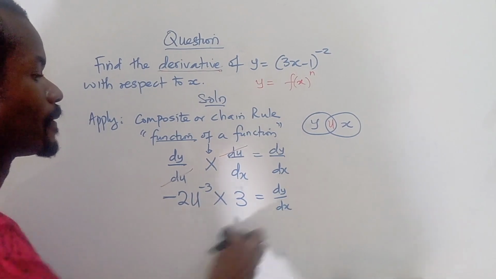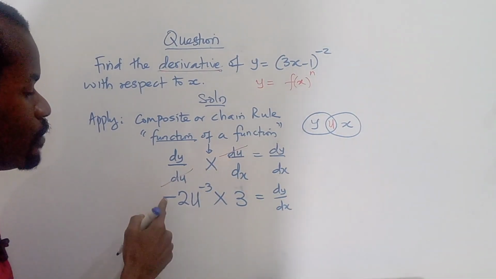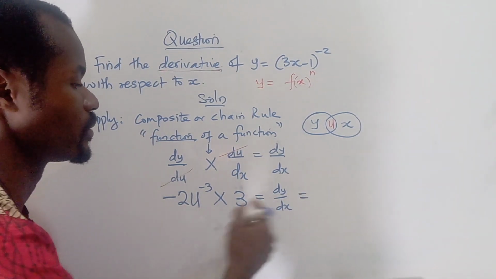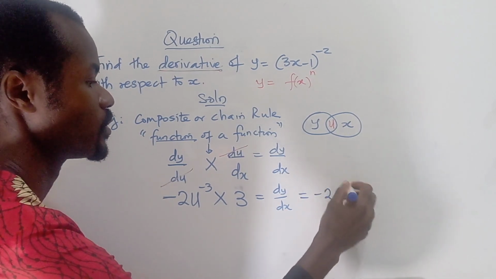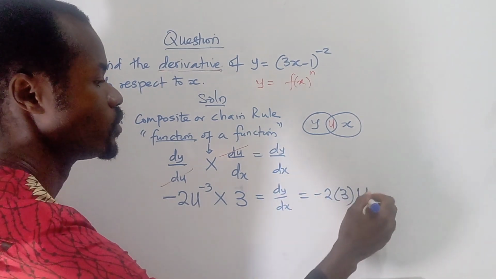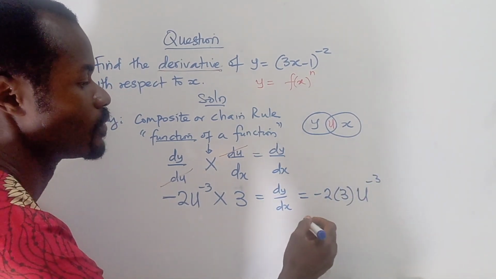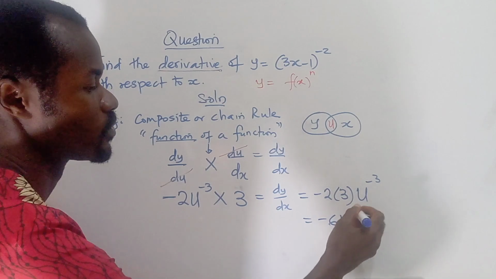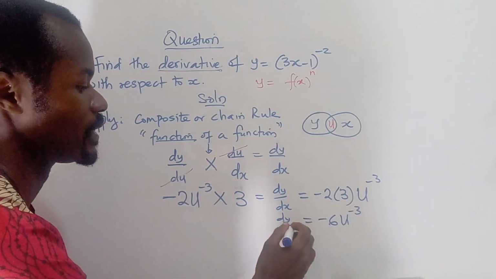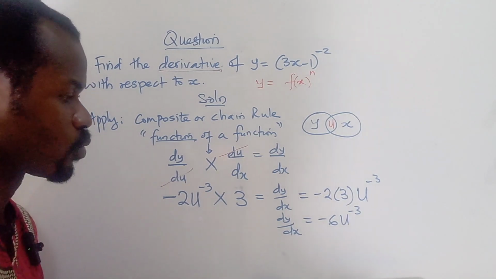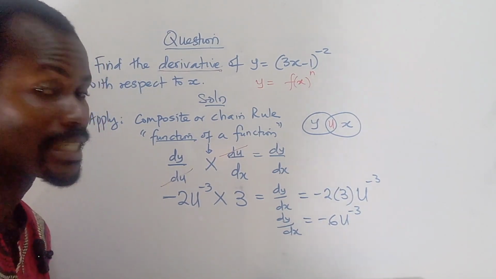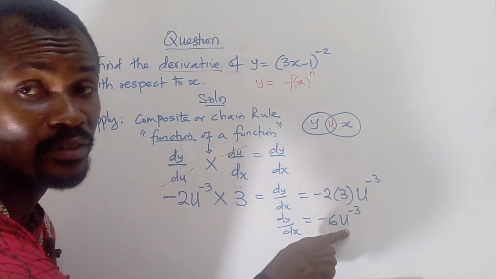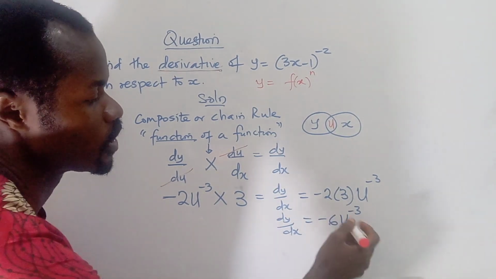So let's see what this gives us. This is going to be minus 2 times 3 times u raised to the power of minus 3. Minus 2 times 3 is minus 6, so minus 6 u raised to the power of minus 3 gives us our dy over dx. But you don't want to leave it like this. Simply because we have dy over dx and we have du here, so you want to keep it uniform.